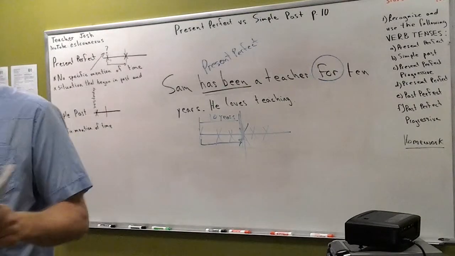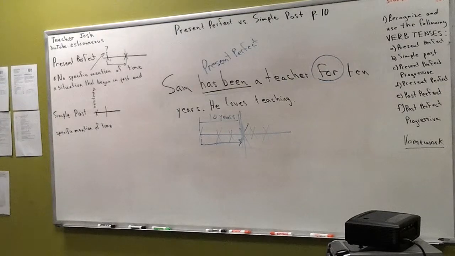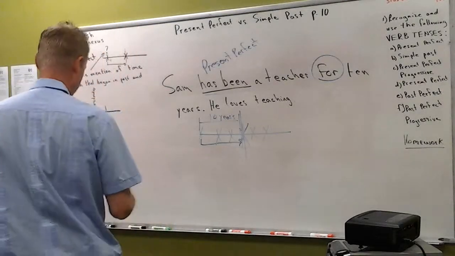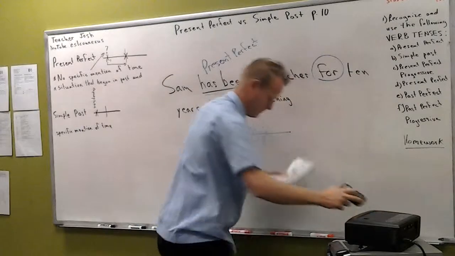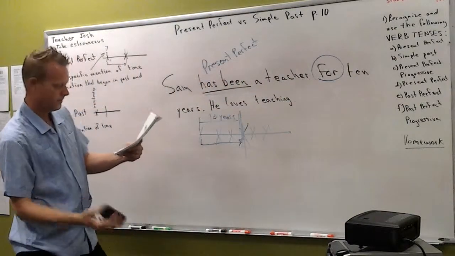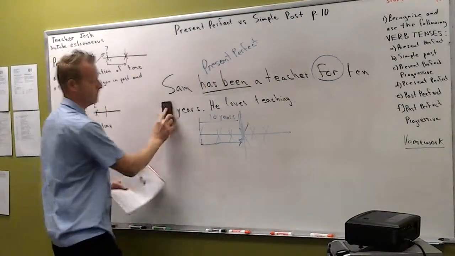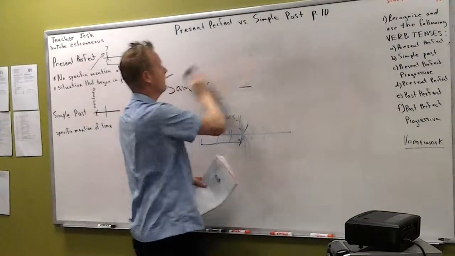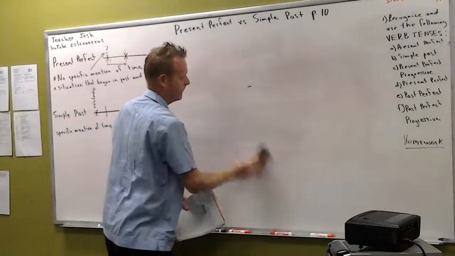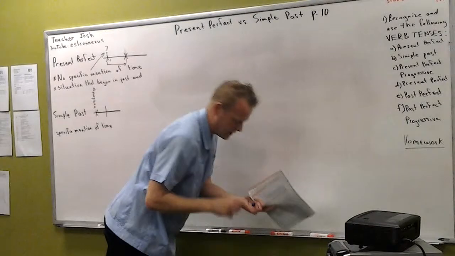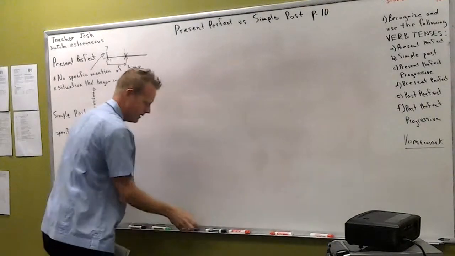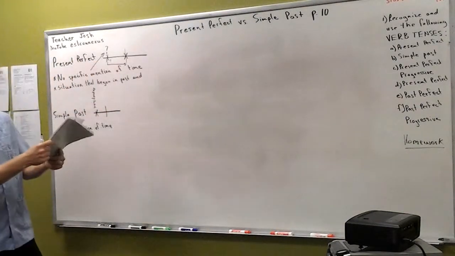Would you read D for me? Jim was a teacher for 10 years, from 1995 to 2005. Now he's a salesman. Ooh, okay. This is cool. Now we're back to the simple past.